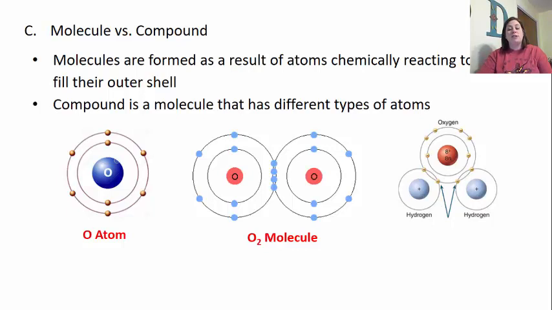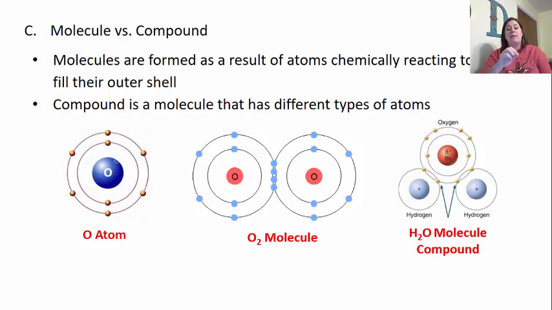However, if oxygen is going to bond with 2 different types of atoms, we see here this is H2O, and H2O could also be called an H2O molecule, but we can also be more specific and call it an H2O compound. A molecule means that there's at least 2 atoms that are chemically bound together, but a compound has to have at least 2 different atoms.